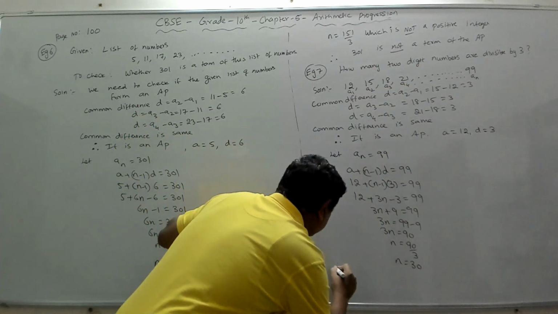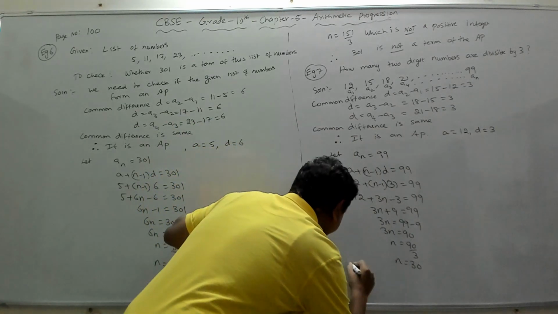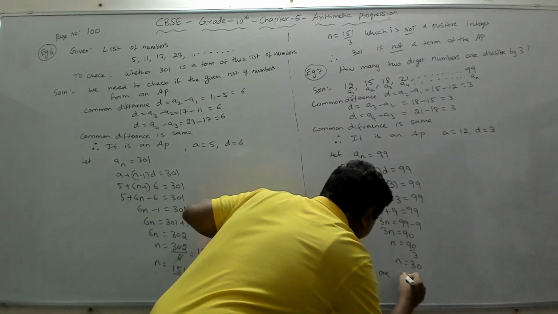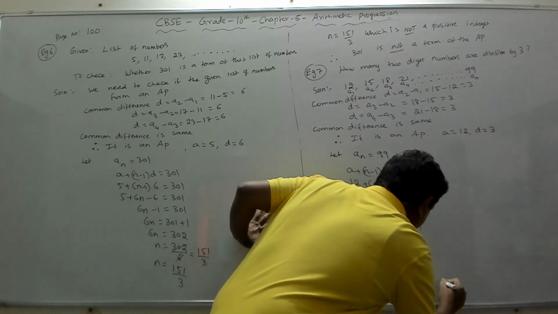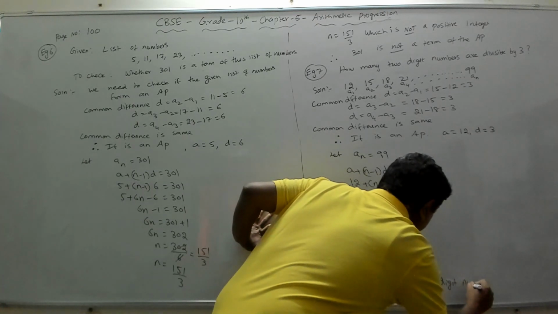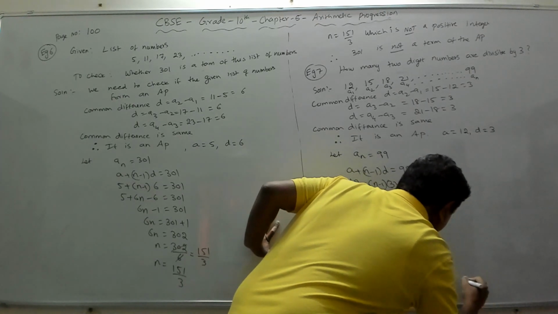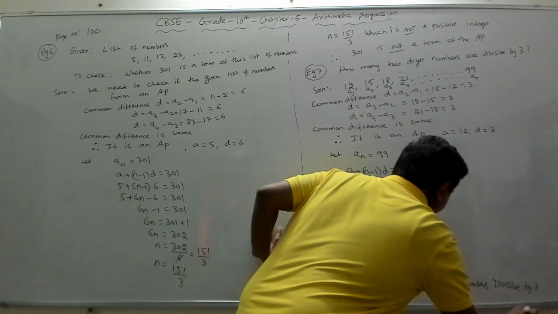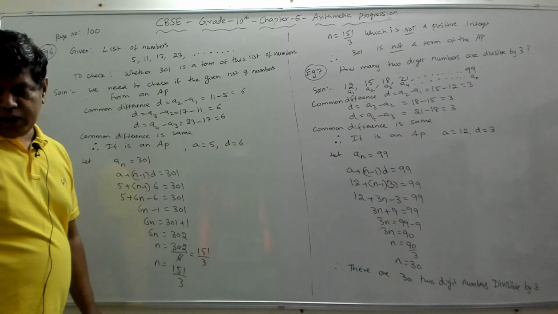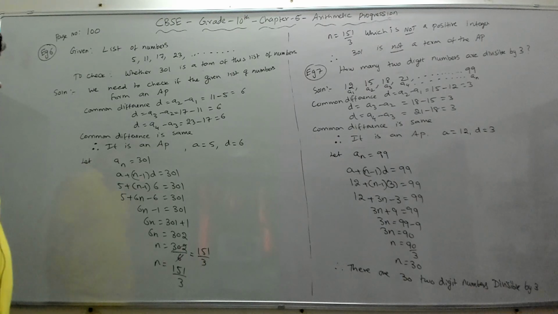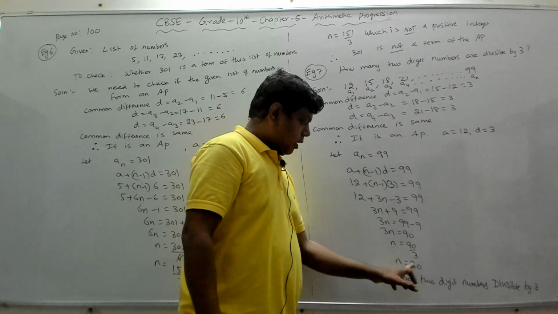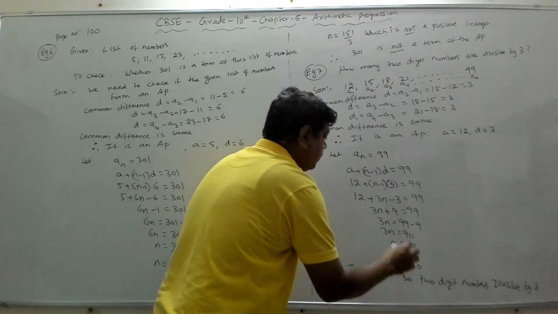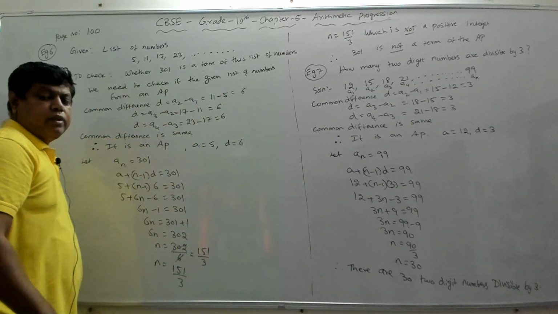So there are 30 two-digit numbers divisible by 3. Clear? And this 30 is coming from n equal to 30.